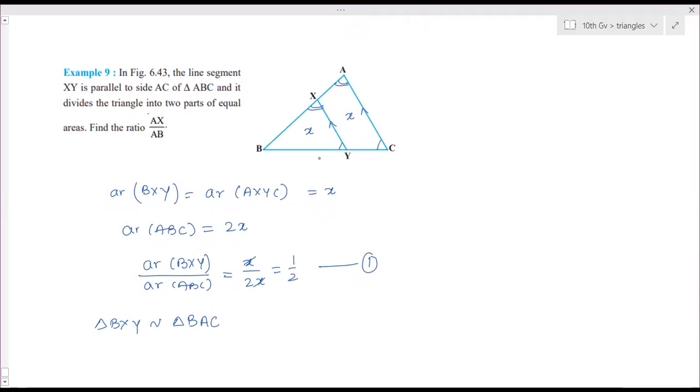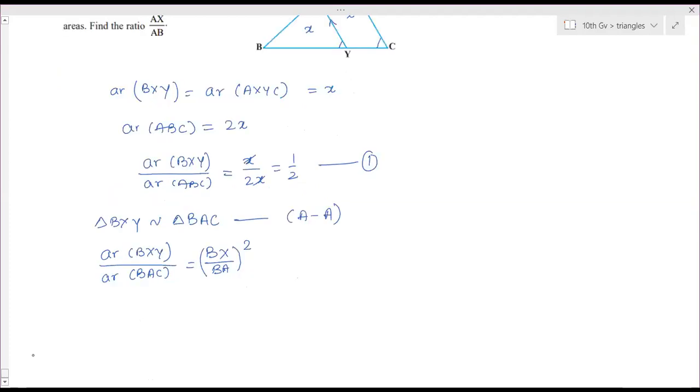So by AA criteria, two triangles are similar. So therefore, area of BXY by area of BAC is equal to BX by BA whole square, right?